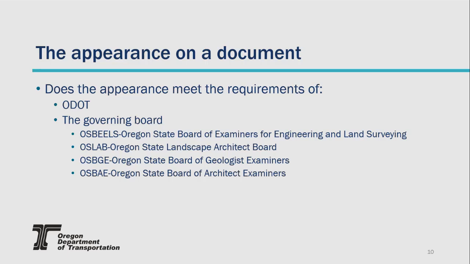There are 3 appearances that I could see people using regularly. For engineering or surveying, you'd be using digitally signed. You could be signing as yourself, which means you'd be signing with the way you want your name to appear. And you could be signing just as you were talking about, with initials.